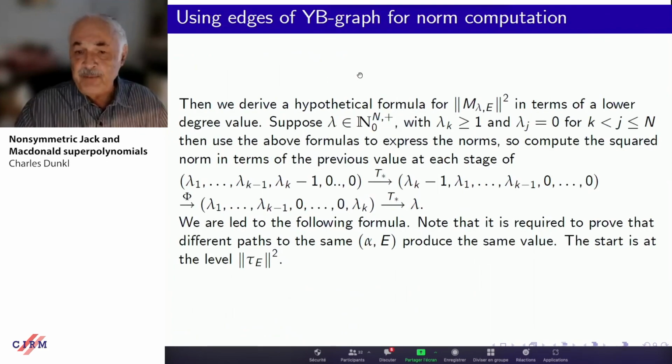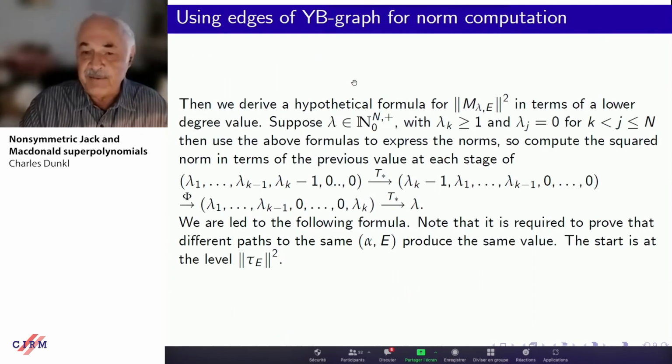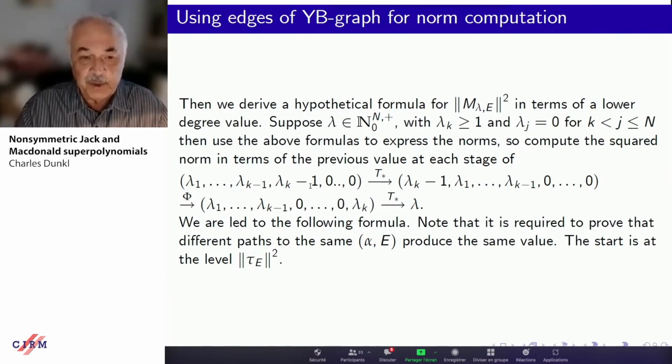Having got these hypothetical formulas, we try to get something for every m lambda e. This is just a sketch of how you do it. Take the last non-zero entry of a partition label, call it lambda k minus 1. Now move it to the front with the adjacent things.